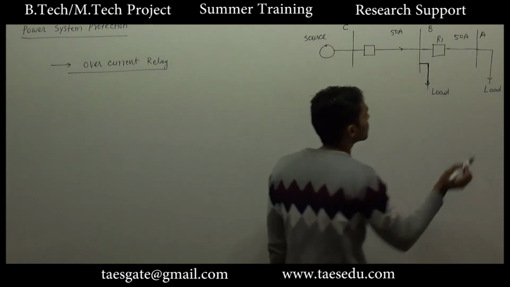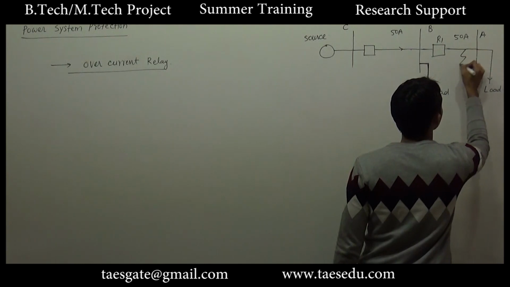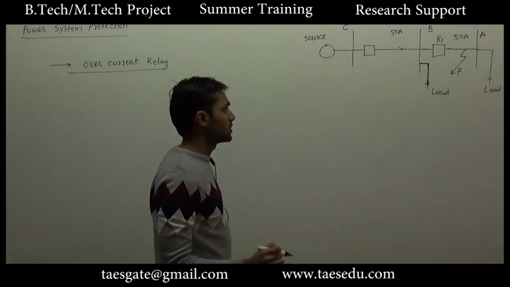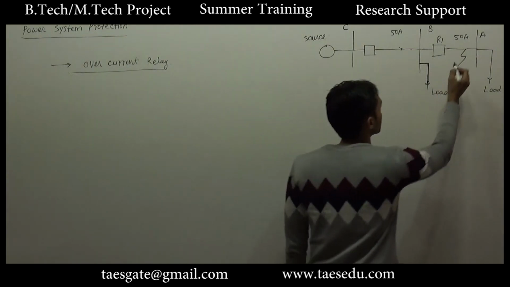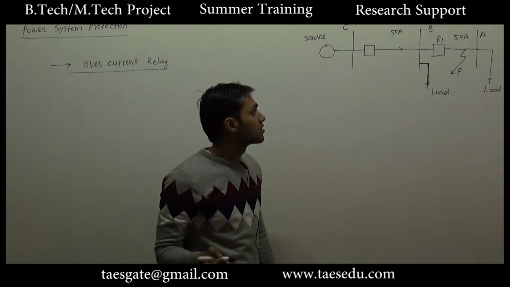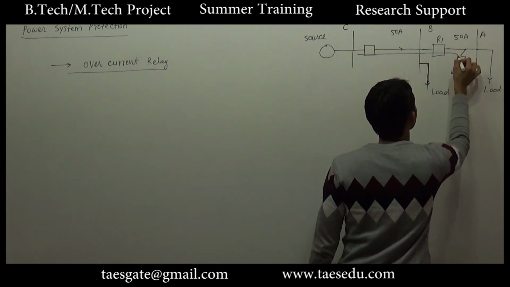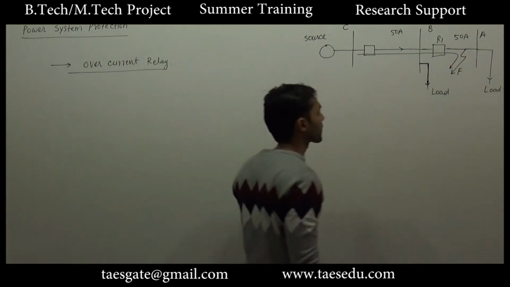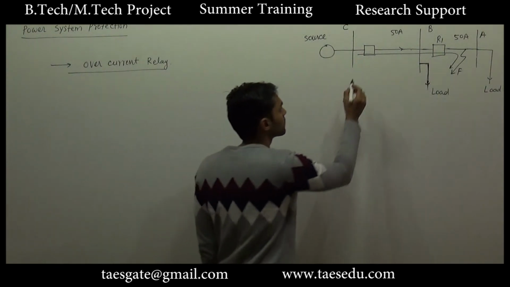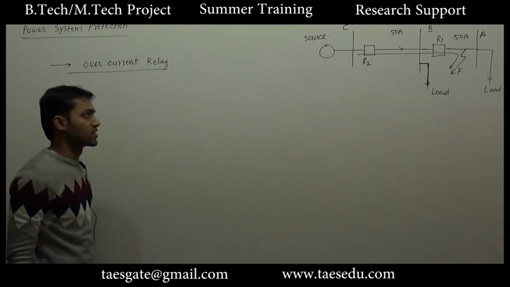Now coming back to fault between bus B and A. Let's say fault has occurred at this point, and consider the time when the fault is not cleared. So the fault current will flow like this. In this case, R1 as well as R2 may provide protection.